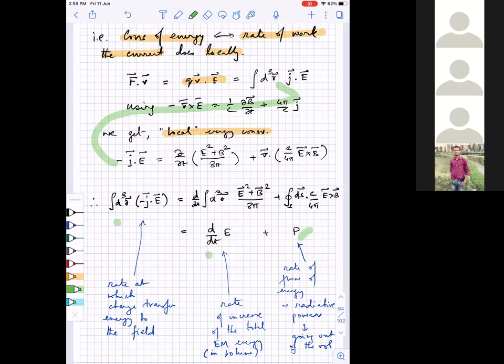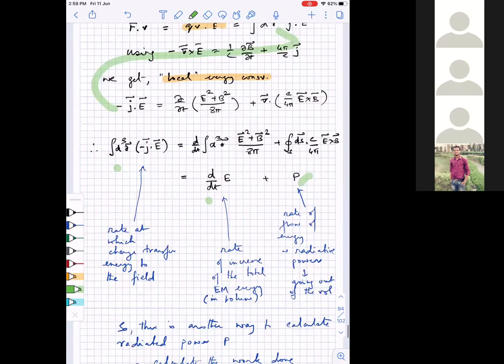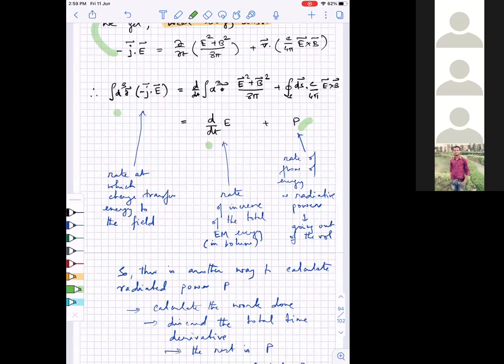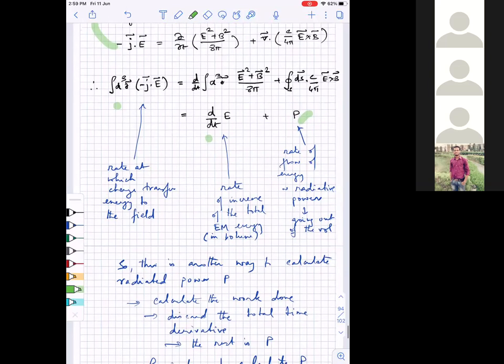That's an alternative way. This is different, as I said, so I'm going to say it again. This is another way, done by calculating the work done. And we discard this d/dt term. We discard the total time derivative, and the rest basically becomes the flux.